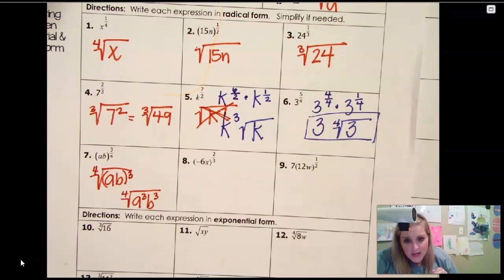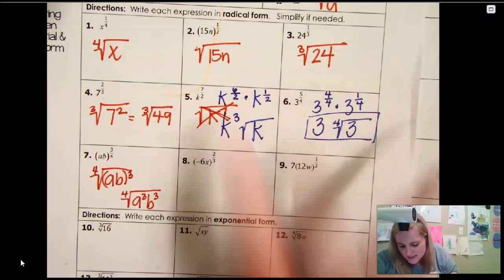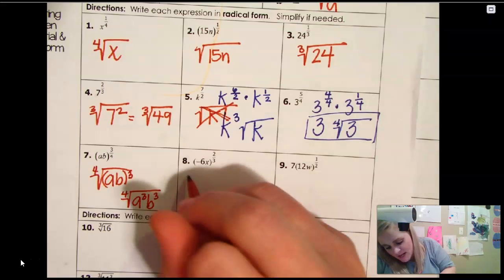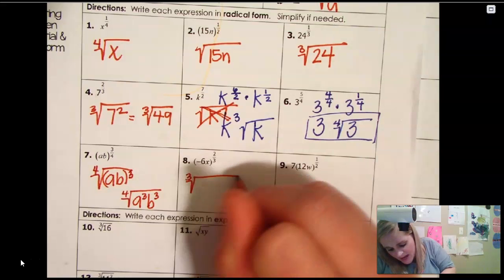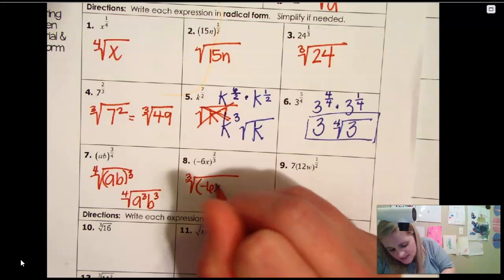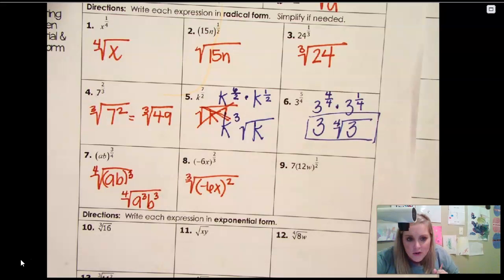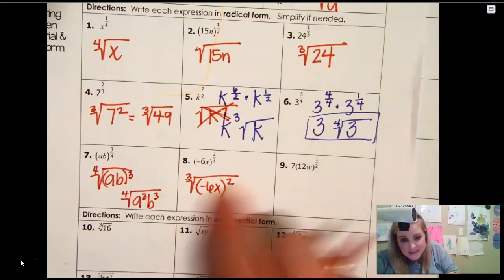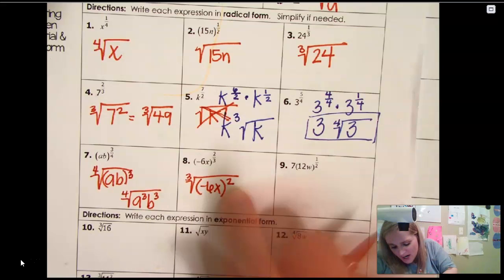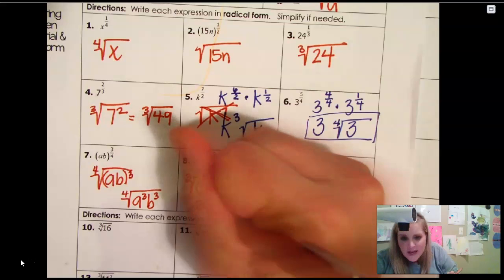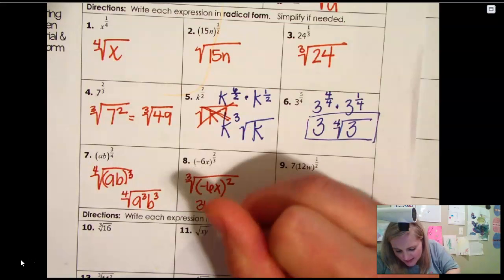Okay, on the next one, again, 2/3 is not a whole, so there's no reason to break it up like I did on 5 and 6. So I'm just going to have an index of 3, negative 6x to the 2nd power. Okay, I'm going to take that a step further. Negative 6 to the 2nd power is going to be positive 36, and then x to the 2nd power.